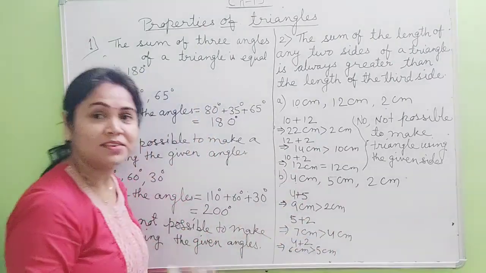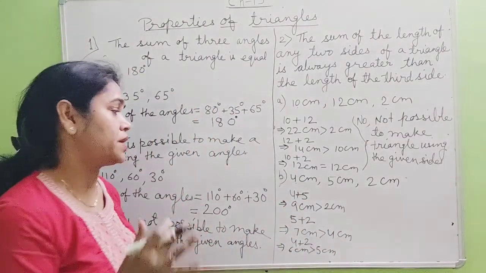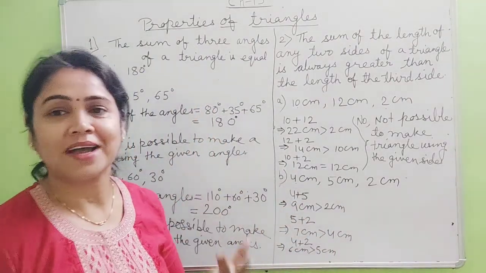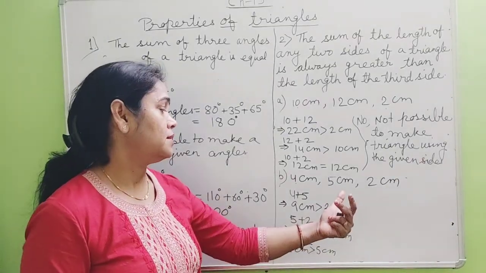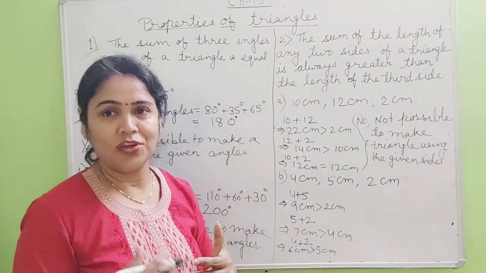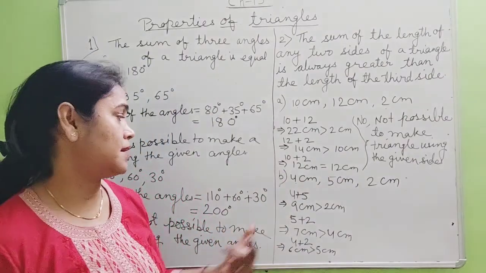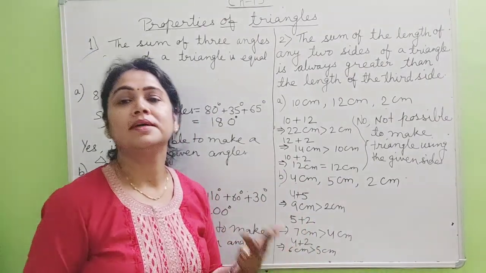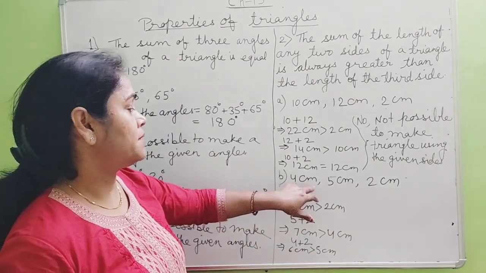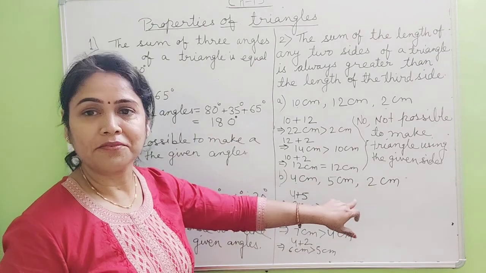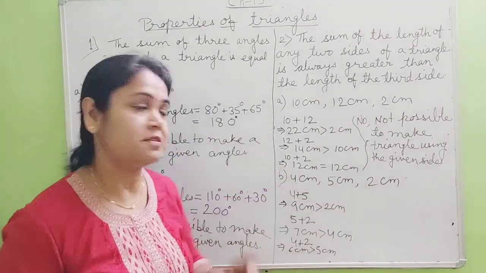So in all the three additions, I have got that the sum of two sides is greater than the third side. Means a triangle with sides 4 centimeter, 5 centimeter and 2 centimeter is possible.